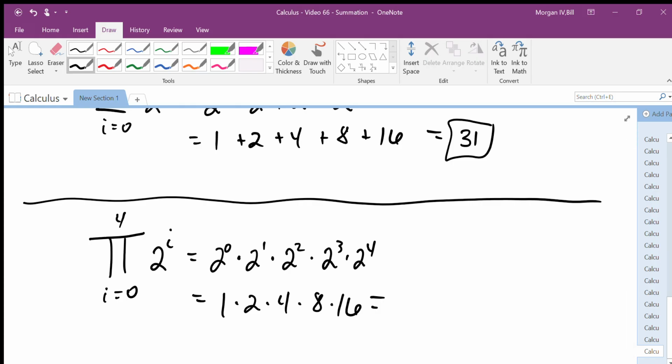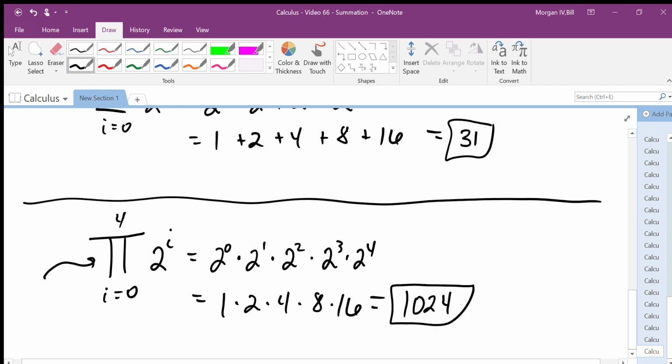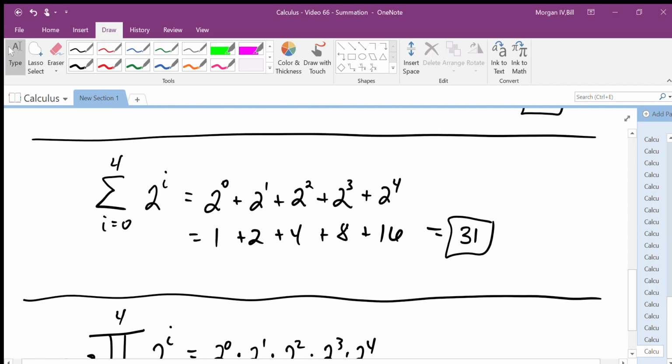We'll just let the calculator work that one out. 2 times 4 times 8 times 16 is 1,024. So if you see the pi symbol, we say multiply the terms. If we see the sigma symbol, it means to sum or add the terms.